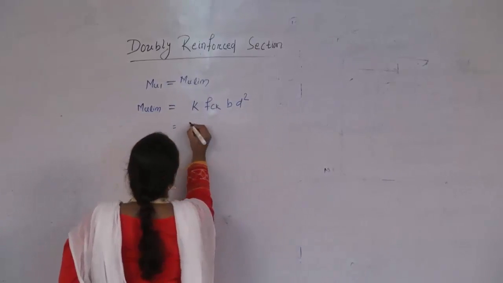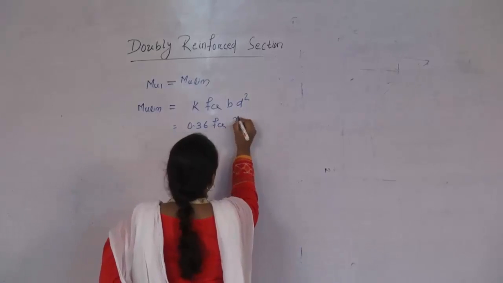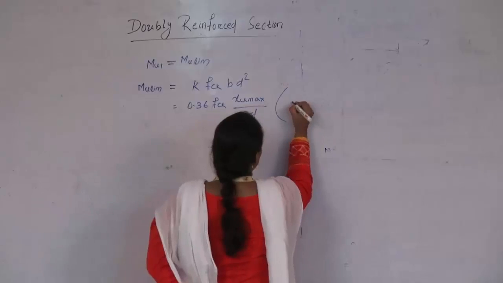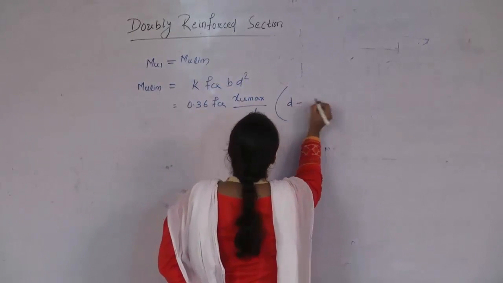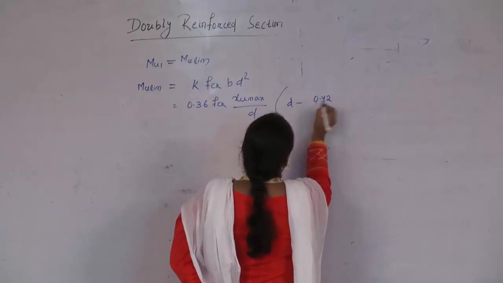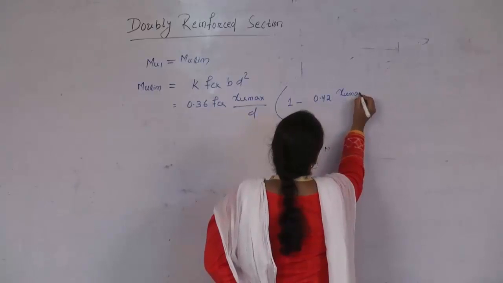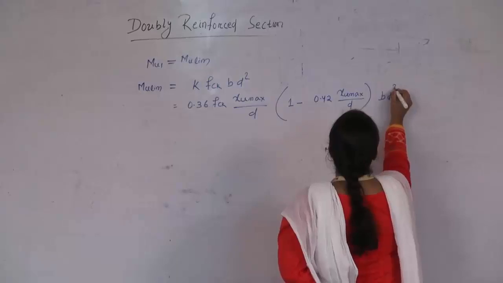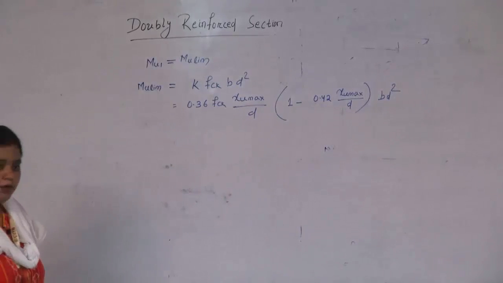So here it is 0.36 fck Xu max by d, whole into 1 minus 0.42 Xu max by d, into bd square. This is our formula to find out the Mu limit.